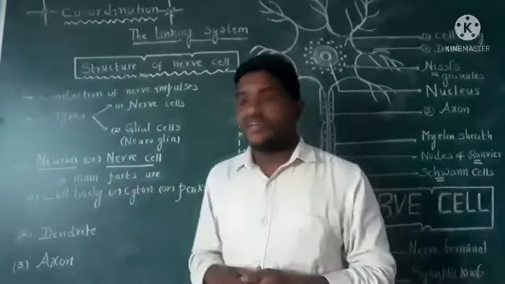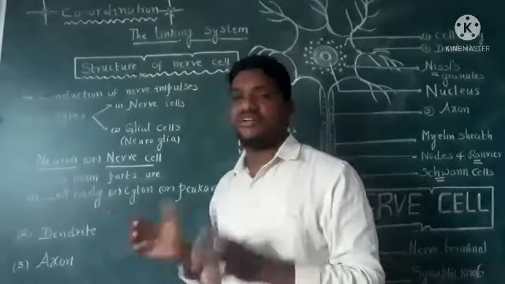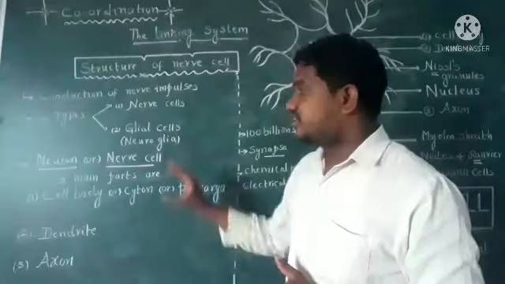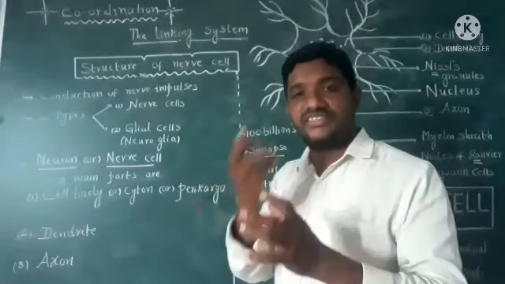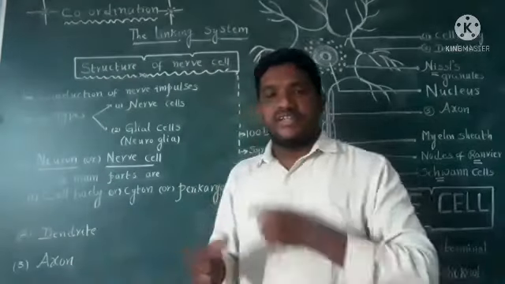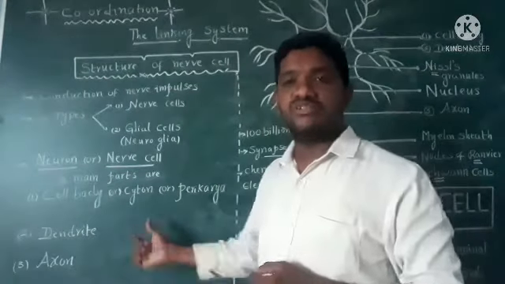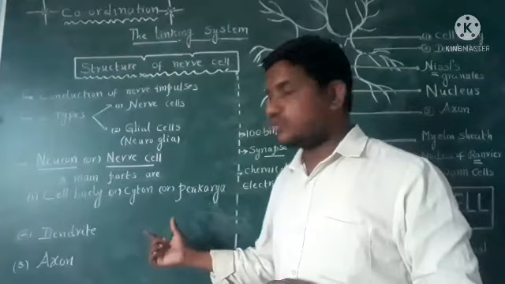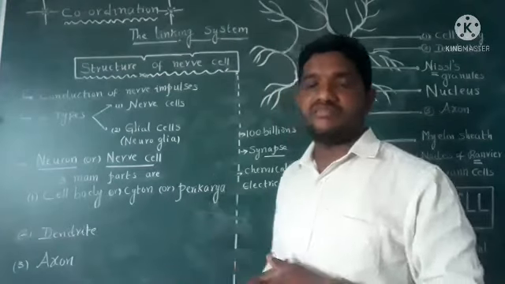The first one is neuron or nerve cell. A nerve cell or neuron consists of three main parts. One is the cell body, also called the cytosol or pericardia.